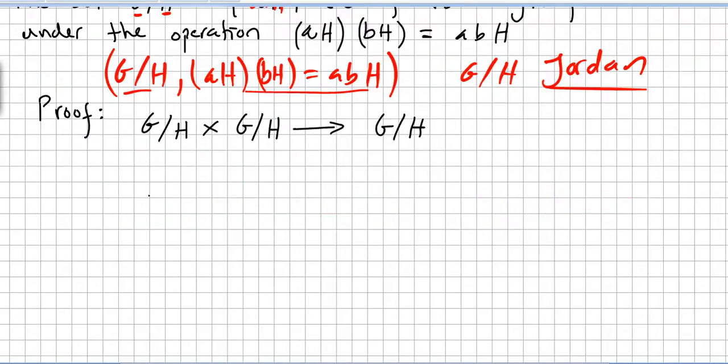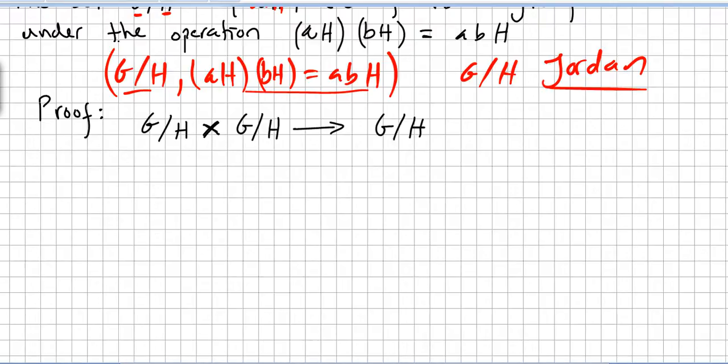So is the factor group of G by H, with operation, with another element of the factor group of G by H, mapping into the factor group of G by H, is it well defined?